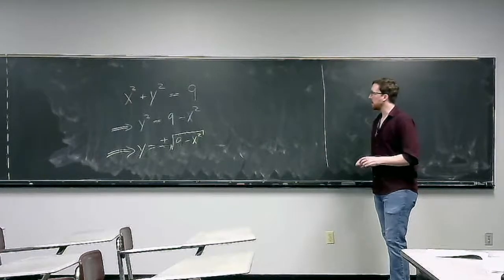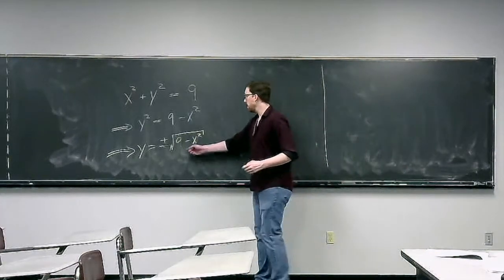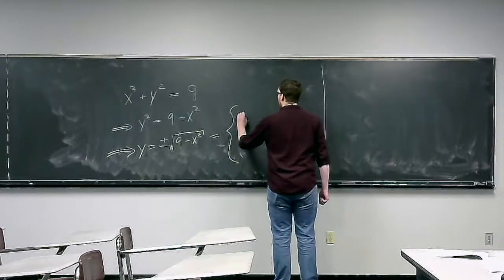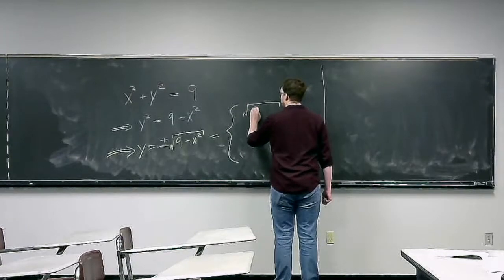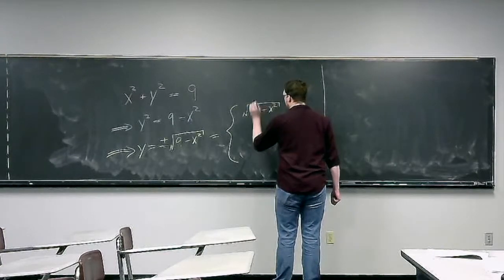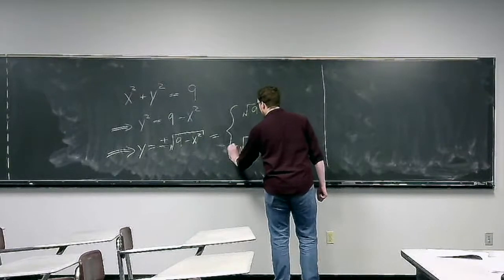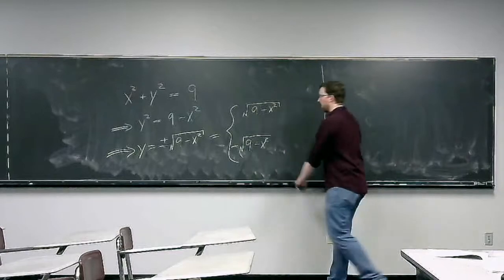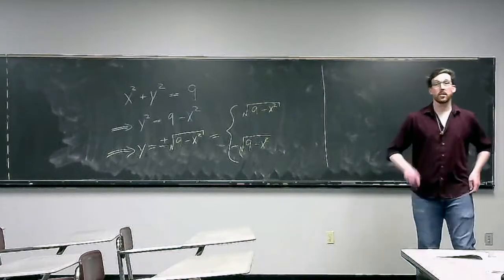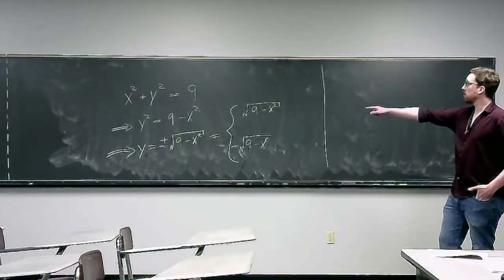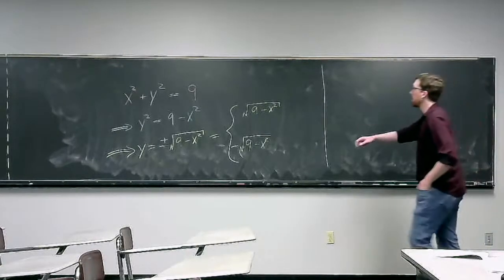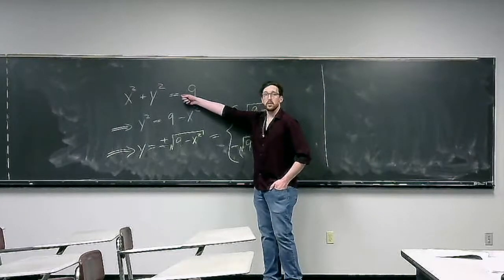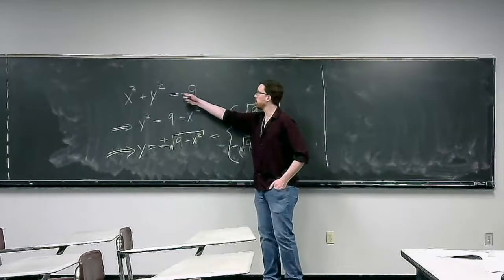Look at what you've done. You have two equations here, right? This thing is equal to the square root of 9 minus x squared and negative square root of 9 minus x squared. And you say, okay, well, that's cheating. And I say, no, it's not. These are two different equations, aren't they? This equation describes the top half of this circle centered on the origin with a radius of 3.